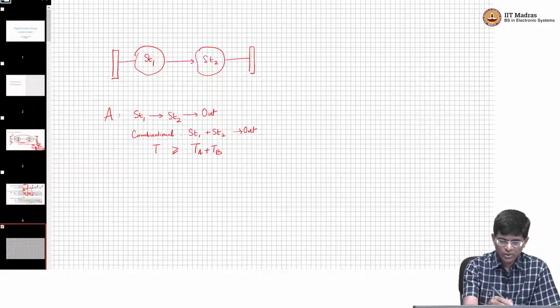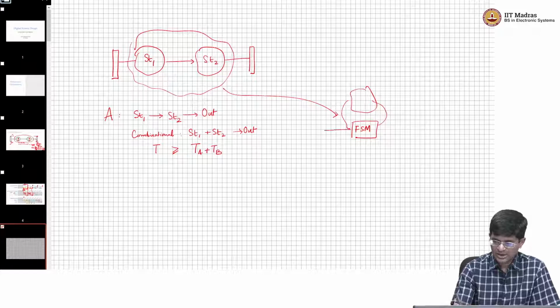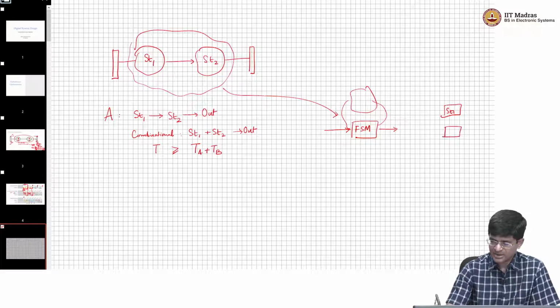Now instead, what I am doing over here is replacing this entire logic with a finite state machine plus some logic, and I have inputs and outputs. This takes stage 1 as one state and stage 2 as another state, the computation goes through, and I then go back and repeat the entire performance.